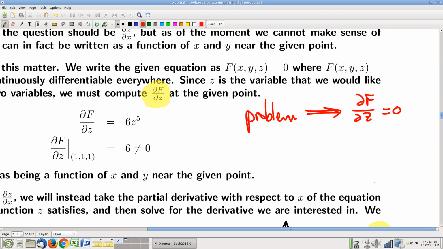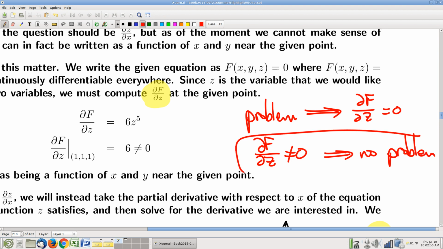And again, the contrapositive says that if the partial of f with respect to z is not 0, then no problem. So this is how what you might call the three-dimensional implicit function theorem works.